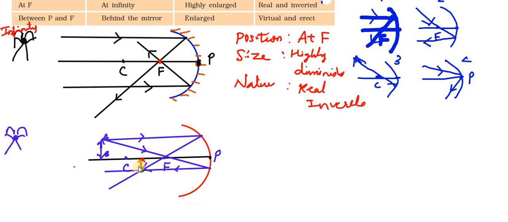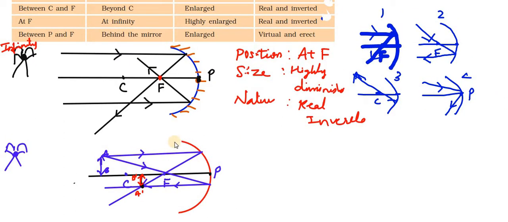We can call the object AB, and the image B dash A dash, because it is inverted. The size of the image is around 3 or 4 centimeters, lesser than the object. So all the conditions are satisfied here.